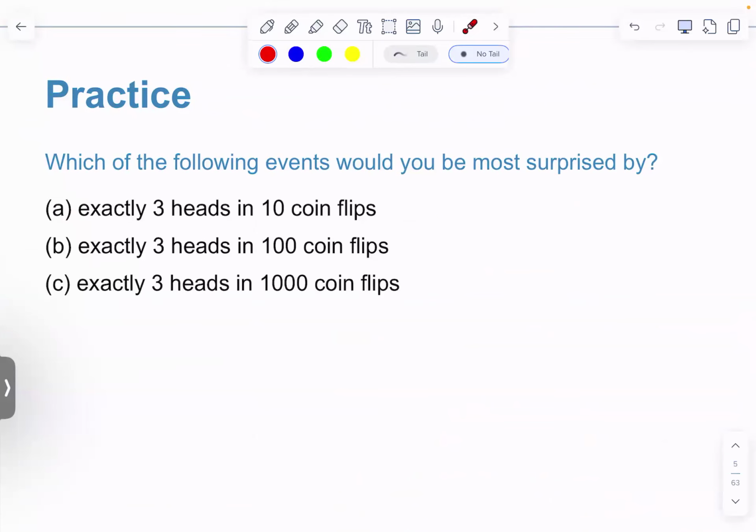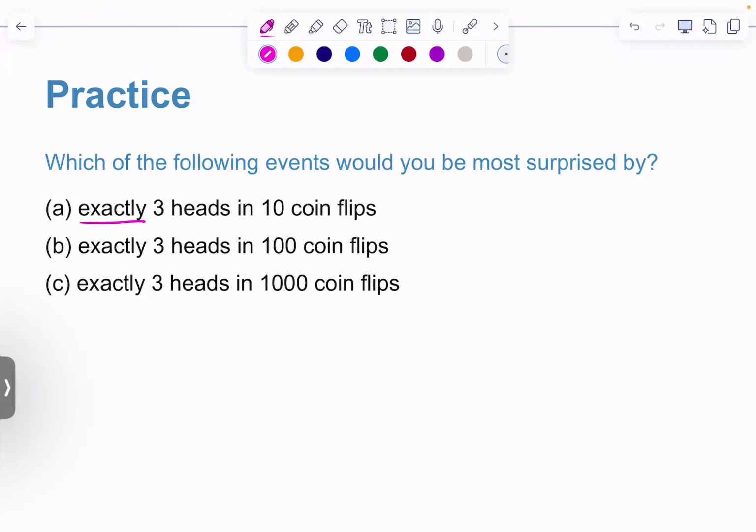Which of the following events would you be most surprised by? So we've got exactly, now the key here is exactly 3 heads in 10 coin flips. That's surprising, but it's not the most surprising if we read down, right? What about exactly 3 heads in 100 coin flips?